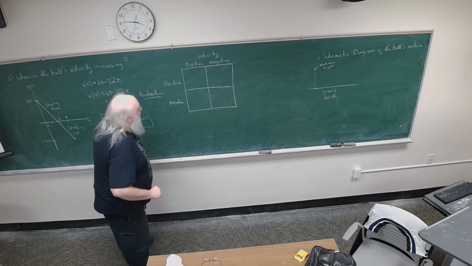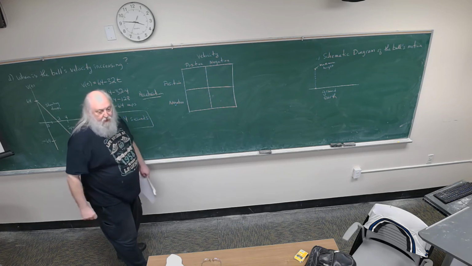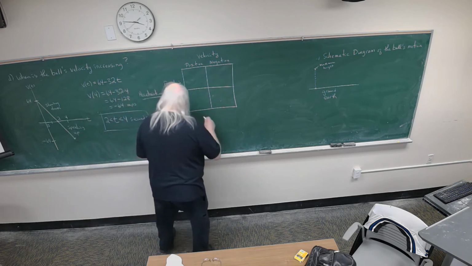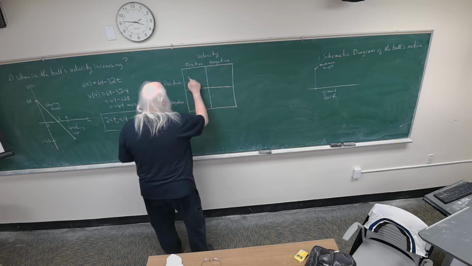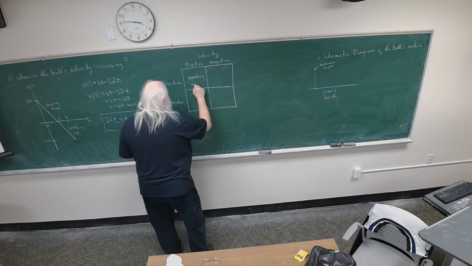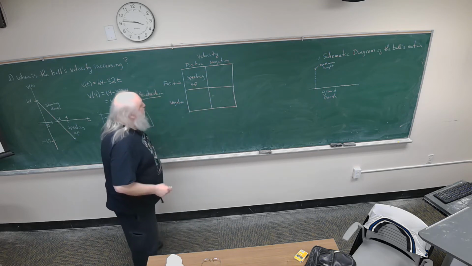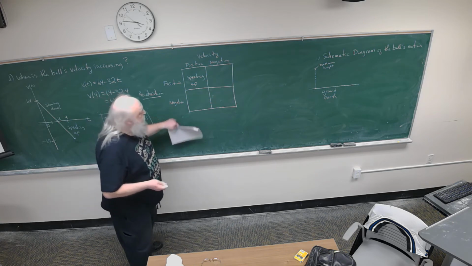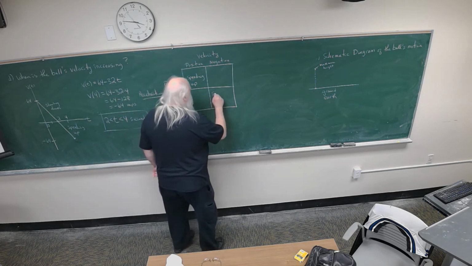So when the velocity and the acceleration are both positive, they're both in the same direction, and so the object is speeding up. And the same is true when the velocity is negative and the acceleration is negative. They're both in the same direction, and so the object will speed up.